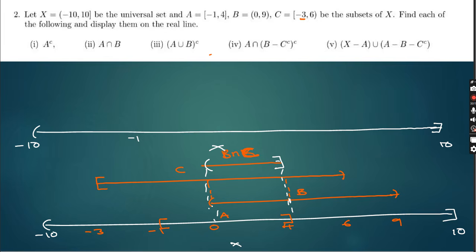This is our set A. Now our B intersection C complement is running from 0 up to 4. So we can put 0 here. So our B intersection C is running to this point.